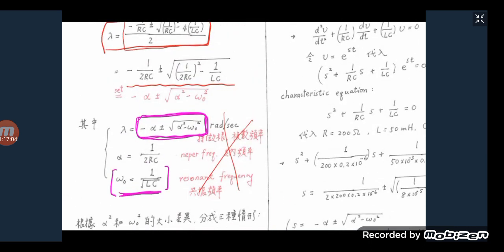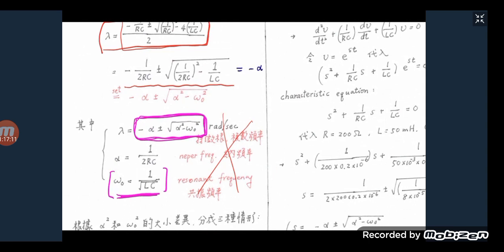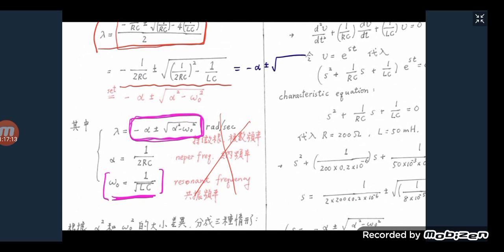So in the beginning, you have to remember that the solution is this one, alpha squared minus omega 0 squared, where alpha is equal to 1 over 2RC, and omega 0 squared is equal to 1 over LC.